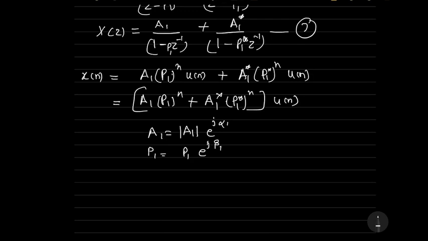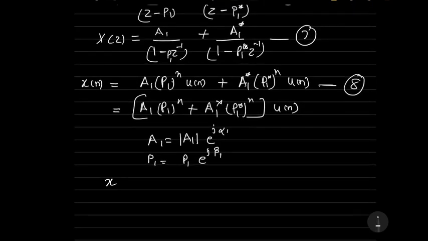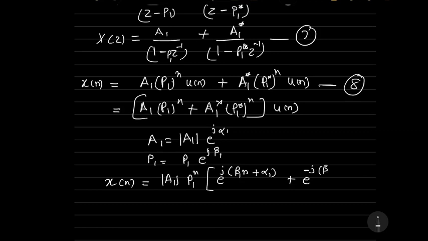So this result, equation 8, we can write as x(n) equals |a1| |p1| to the power n times [e to the power j(beta 1 n + alpha 1) plus e to the power minus j(beta 1 n + alpha 1)] u(n).